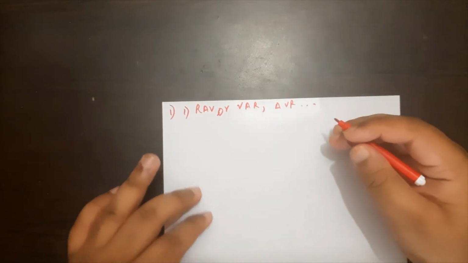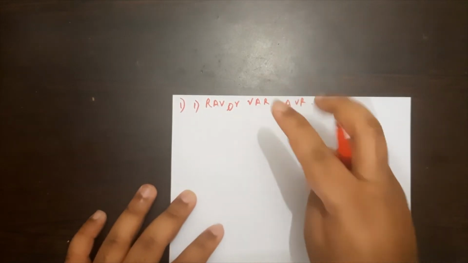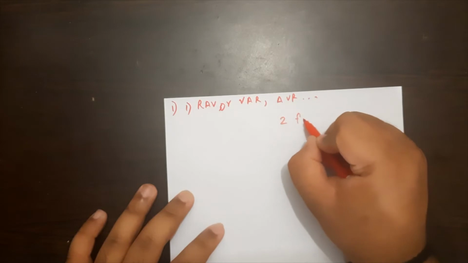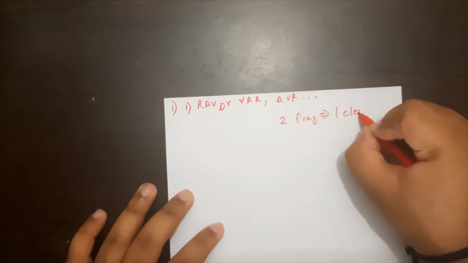Now you have to remember, there are two R residues. If you get two fragments, this implies there is only one cleavage site.